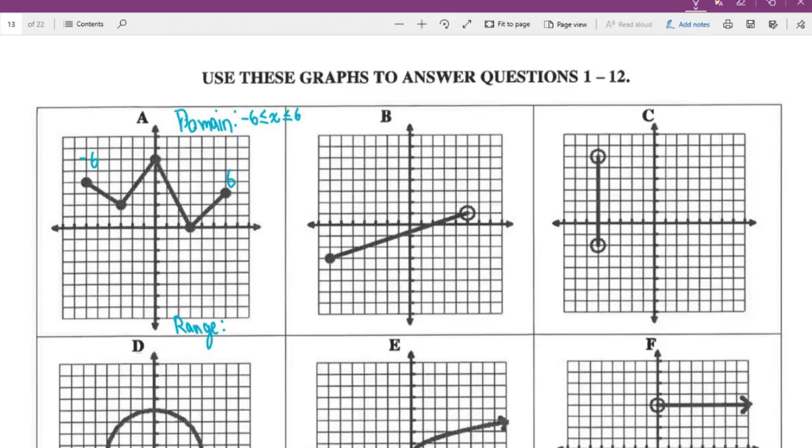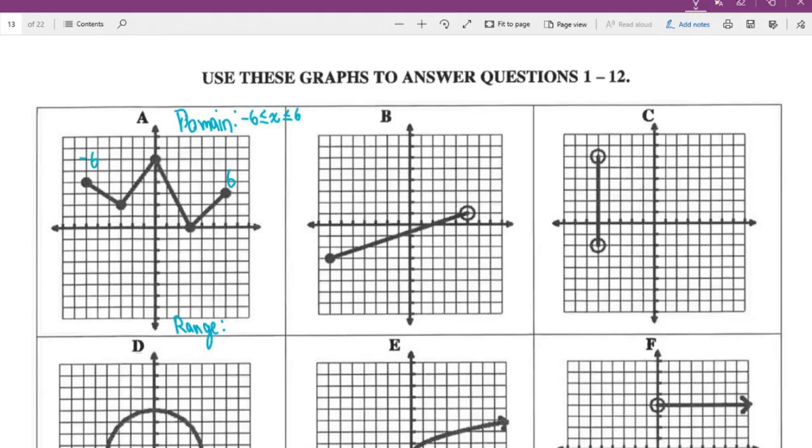So to find the range, we go from the bottom to the top. I'm going to start at the origin and work my way up to the highest point on this graph. Before I do it though, don't get confused and think that we have 3 as our starting value for the range, because the range is for all y values and it goes from the bottom to the top.